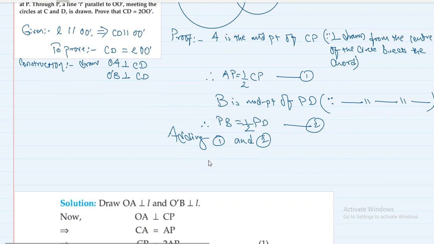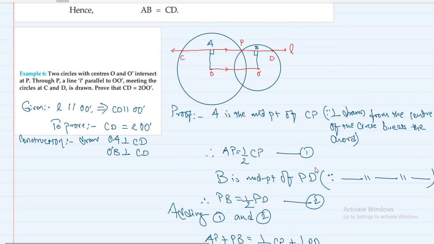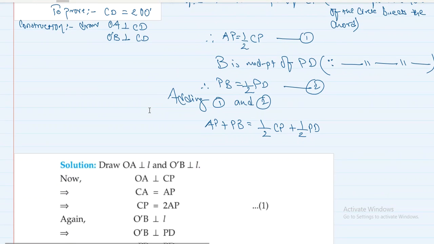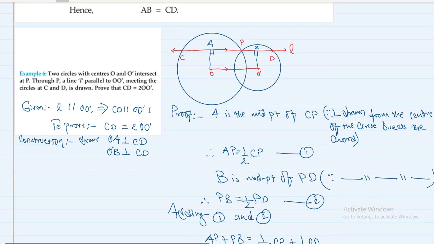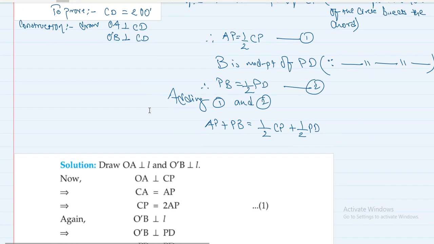We get AP plus PB is equal to half of CP plus half of PD. So AP plus PB is equal to AB, which is equal to half of CP plus PD.